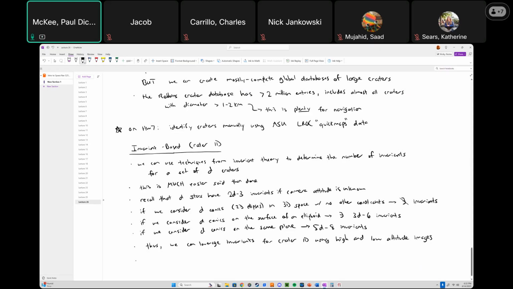So the way we would do this, a navigator must use a crater database to construct an index of invariants for either pairs or triads of craters.